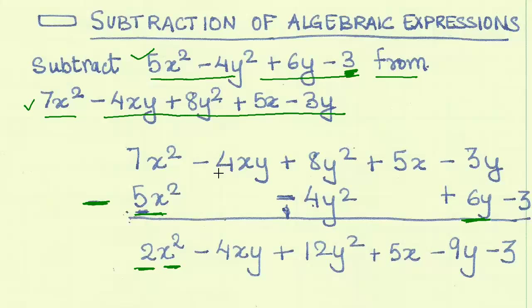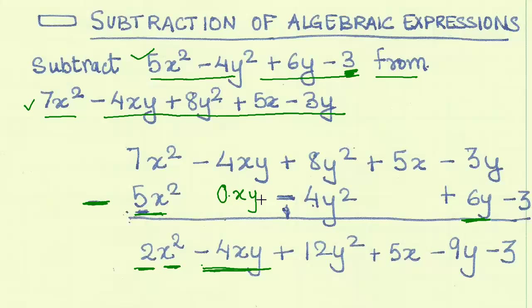Now minus 4xy. We apply the same logic. This essentially we can write as 0 multiplied by xy, which means it is 0. So minus 4 minus 0 gives us minus 4. So we have the same term here, minus 4xy. Now this is 8, and you have to remember that this minus sign is there, so 8 minus of minus 4y square.